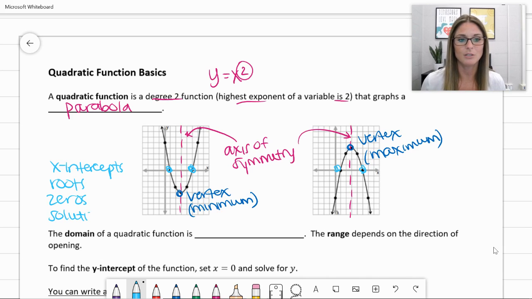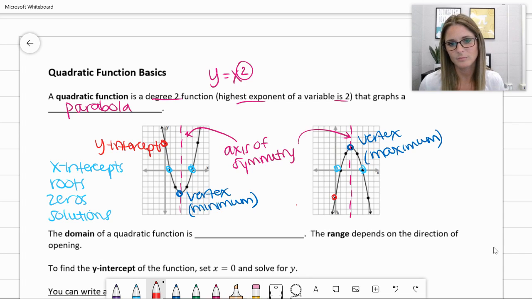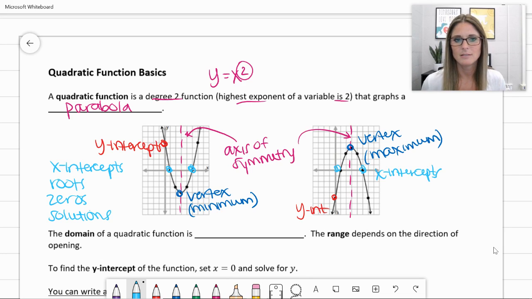When we see the term solutions, they're probably asking us about the x-intercepts. The last thing I'm going to label for us are the y-intercepts, where our graph is crossing the y-axis. Let me finish writing x-intercepts on this one in bright blue. And that is it.